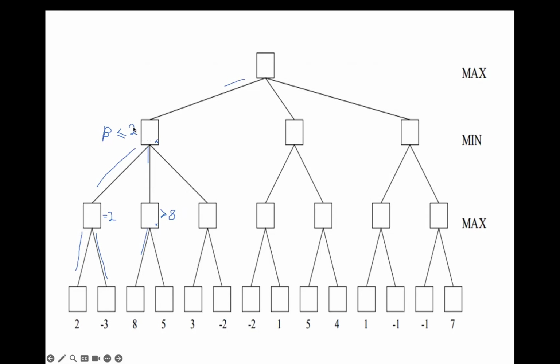So we know that when we come here and we pick this option, and when it is 10 for the maximizing, they will try to get the highest possible value. And so far, because we have seen a value whose evaluation is greater than beta, which is an 8, then they are likely to pick that option.